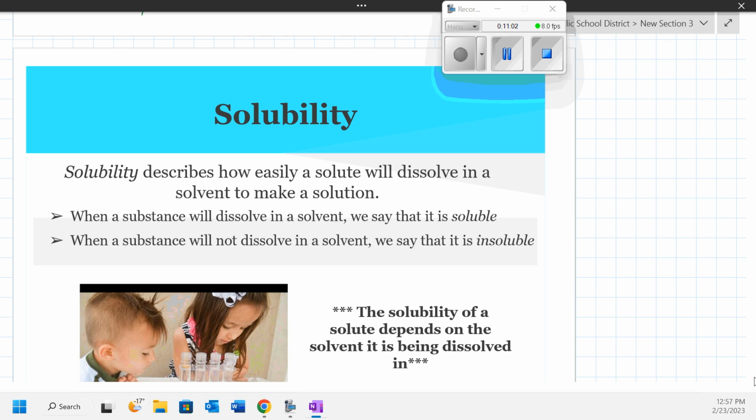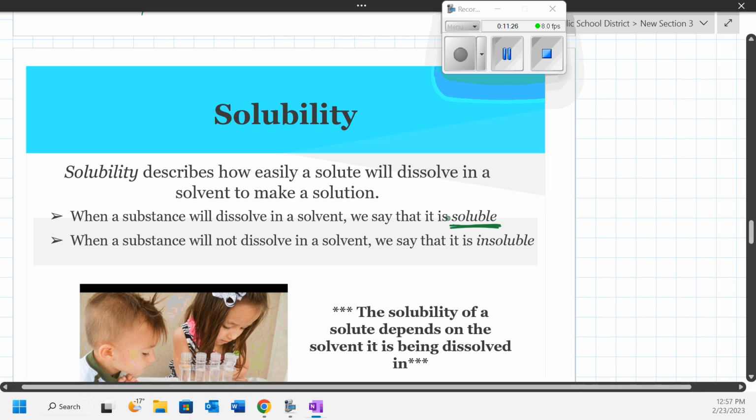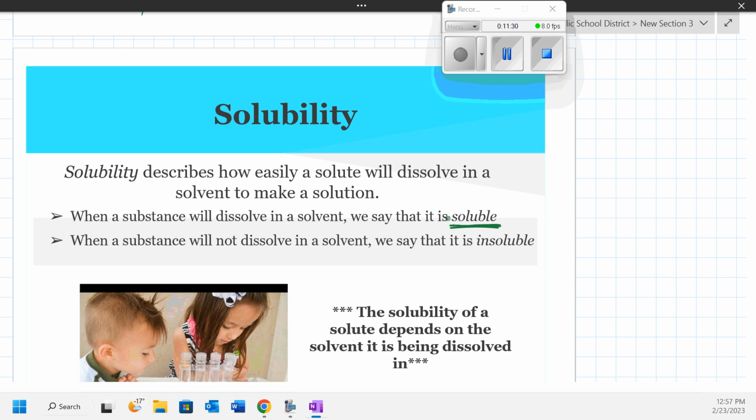Okay, so there are some substances that are very easy to dissolve and some that are not easy to dissolve. The substances that are easily dissolved are classified as soluble. The substances that will not, or have a very hard time to, dissolve into a solvent are called insoluble.